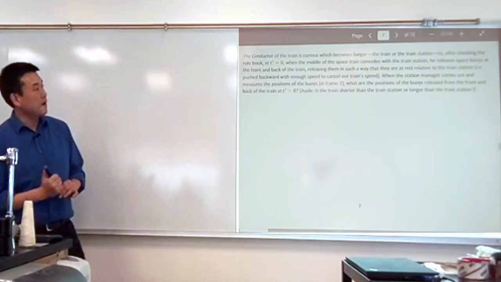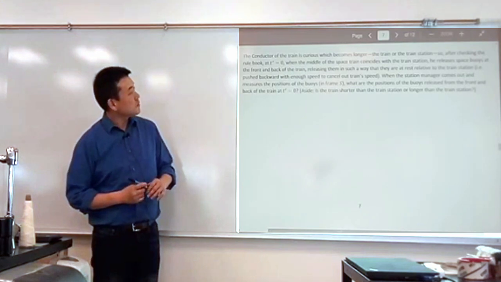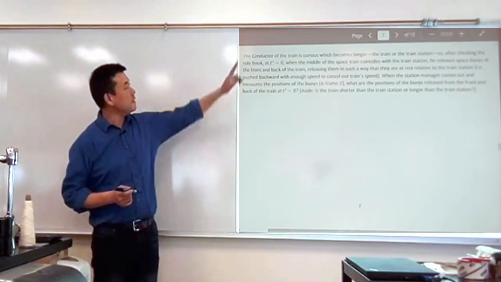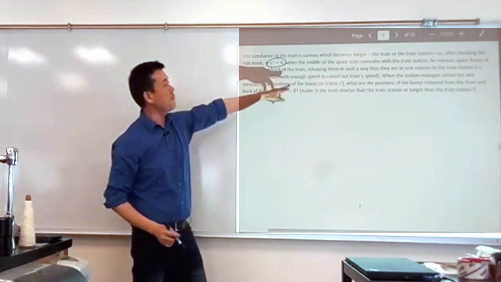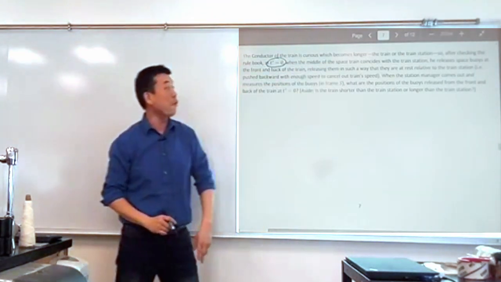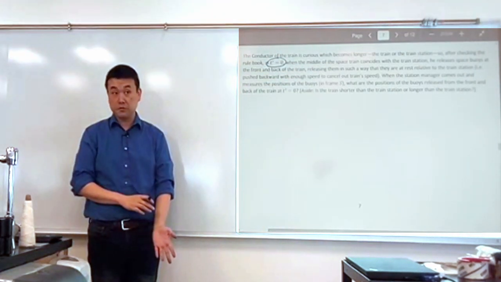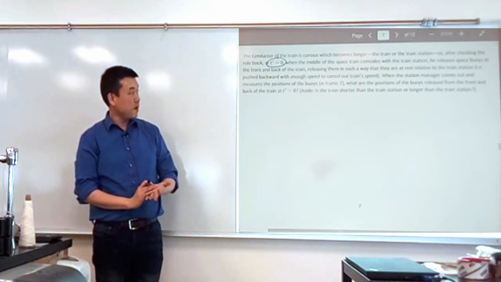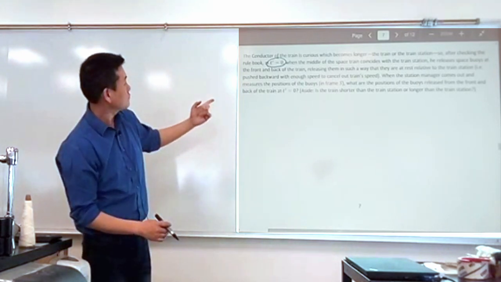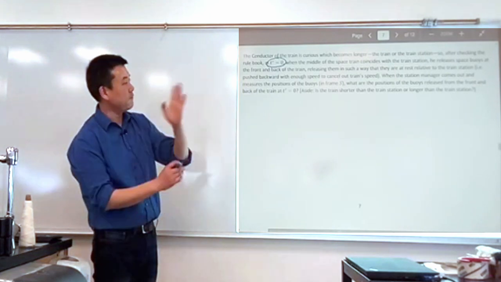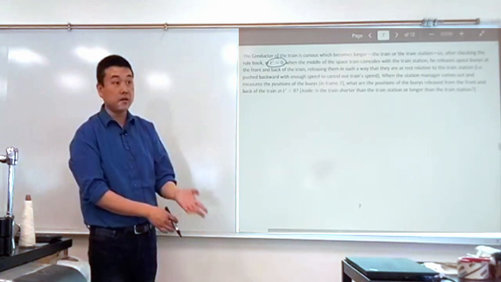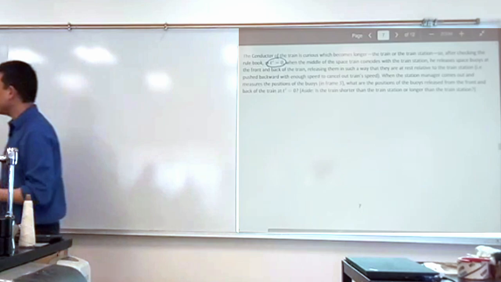It says he looks at t prime equals 0, when the middle of the space train coincides with the train station, whether he released space buoys so that they are at rest relative to the train station. So this is what we are trying to look at.